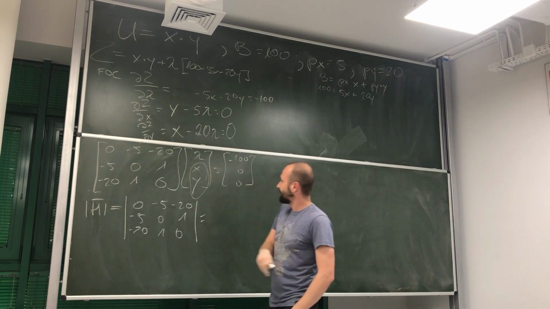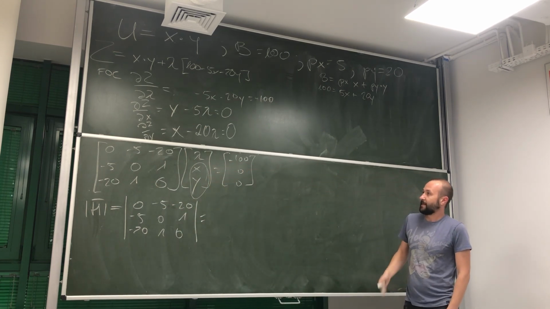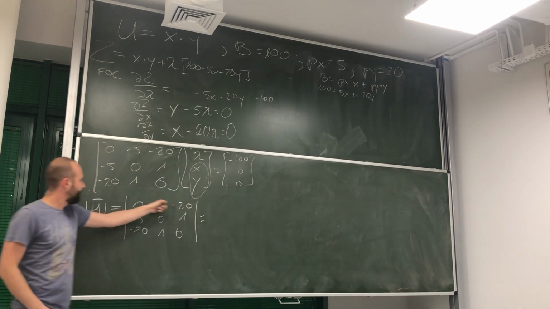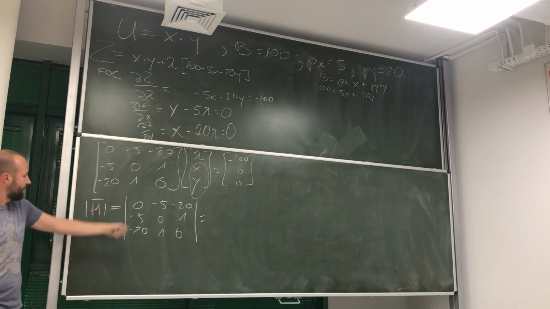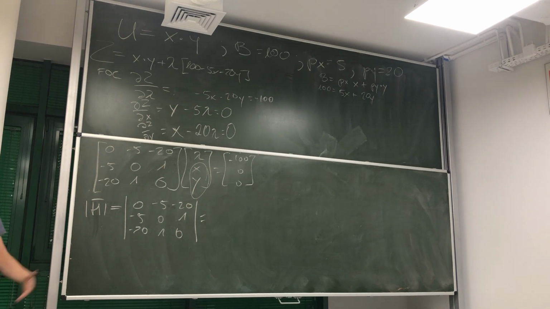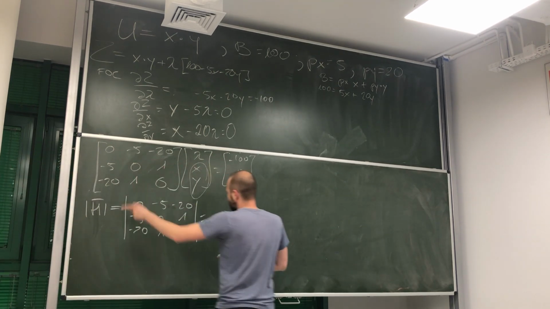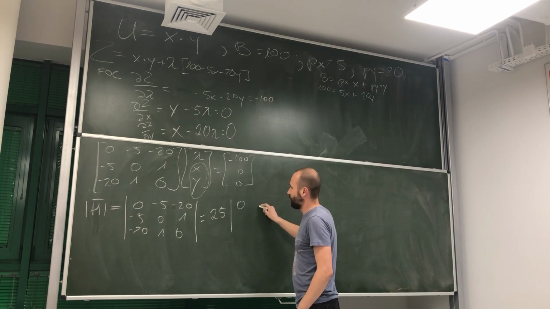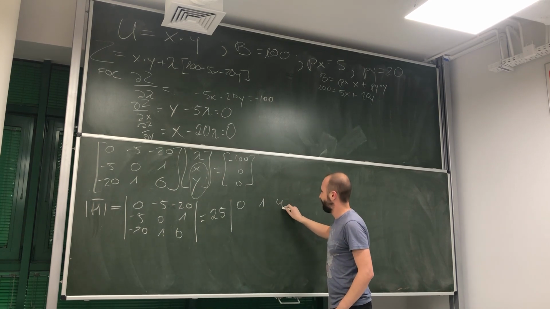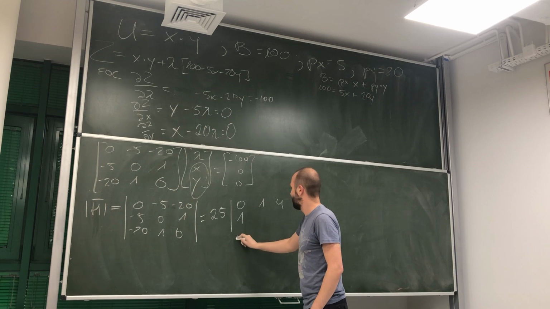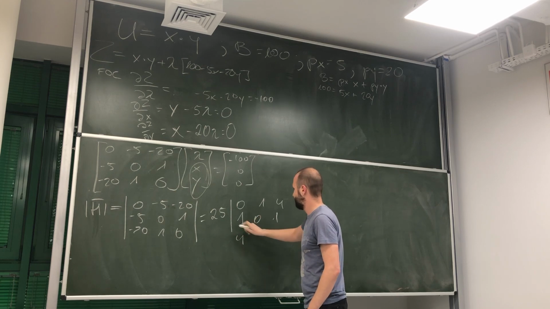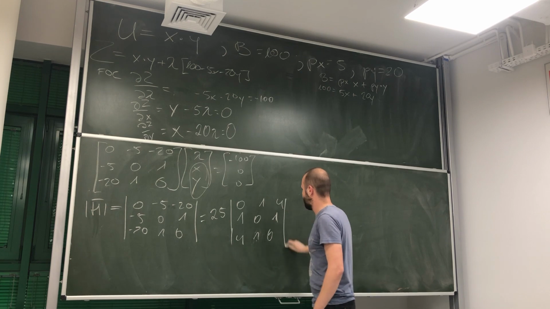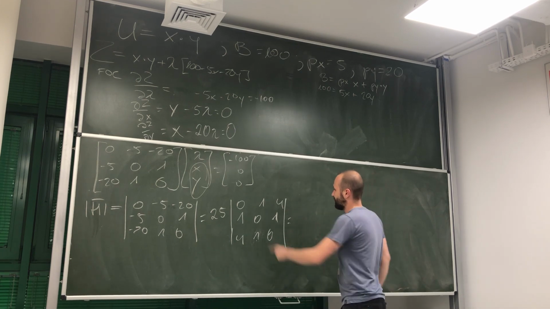How can I simplify this determinant? I would take negative 5 out of the first row and negative 5 out of the first column, so we get 25 up front and the matrix 0, 1, 4; 1, 0, 1; 4, 1, 0. How much is this?